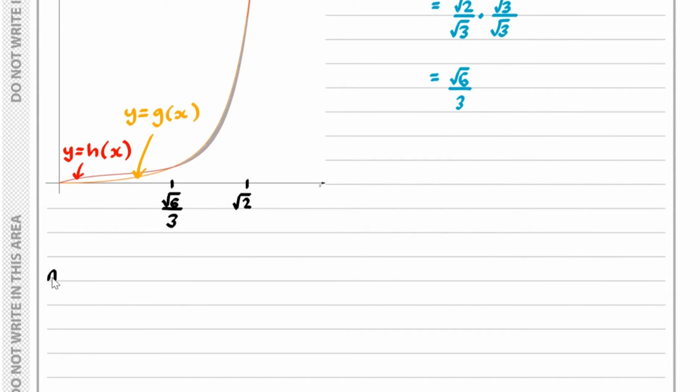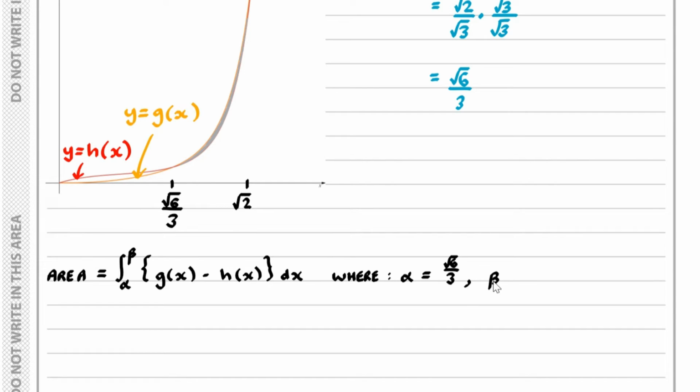So the required area, that's equal to the integral of g of x subtract h of x dx, and we will be integrating between alpha and beta, where alpha is equal to root 6 over 3 and beta is equal to root 2.